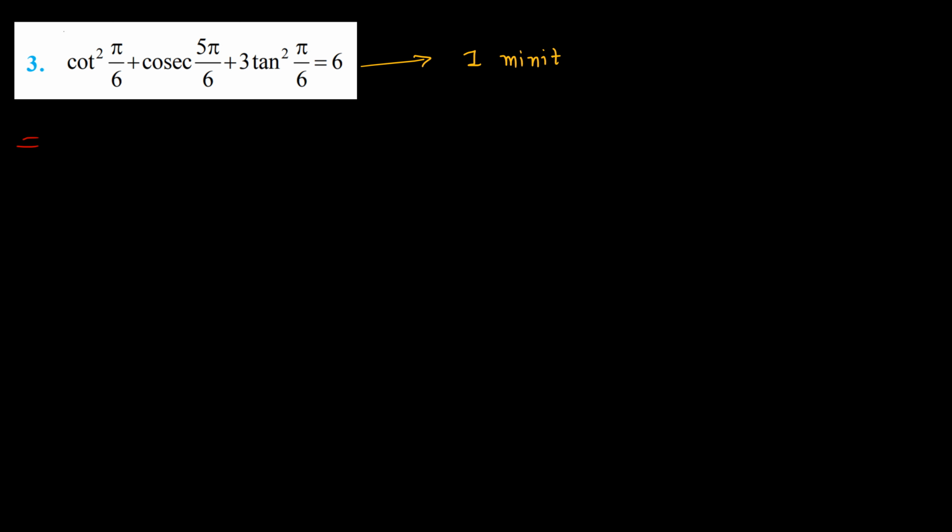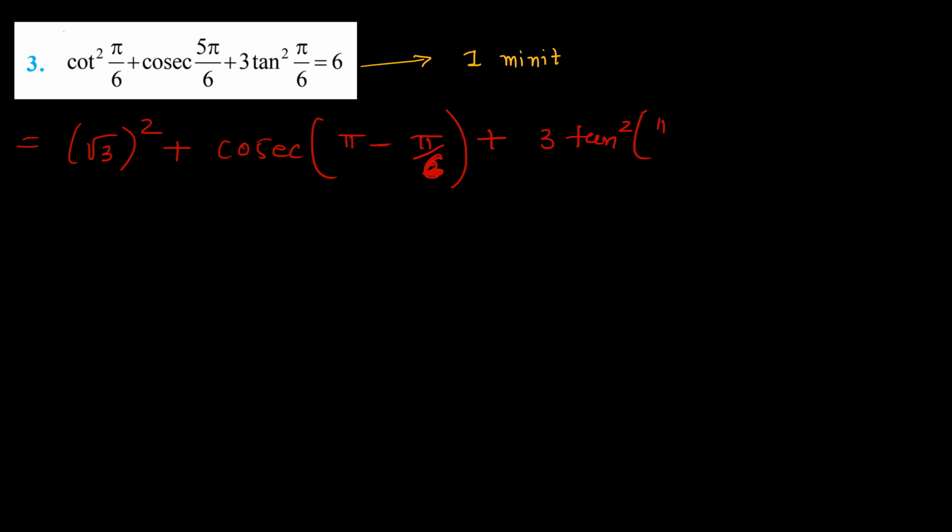Okay, in this question we need to put the cot pi by 6 value, which means root 3 square, plus cosec of pi minus pi by 6, as we know, and plus 3 tan square pi by 6. Let us put all the values.